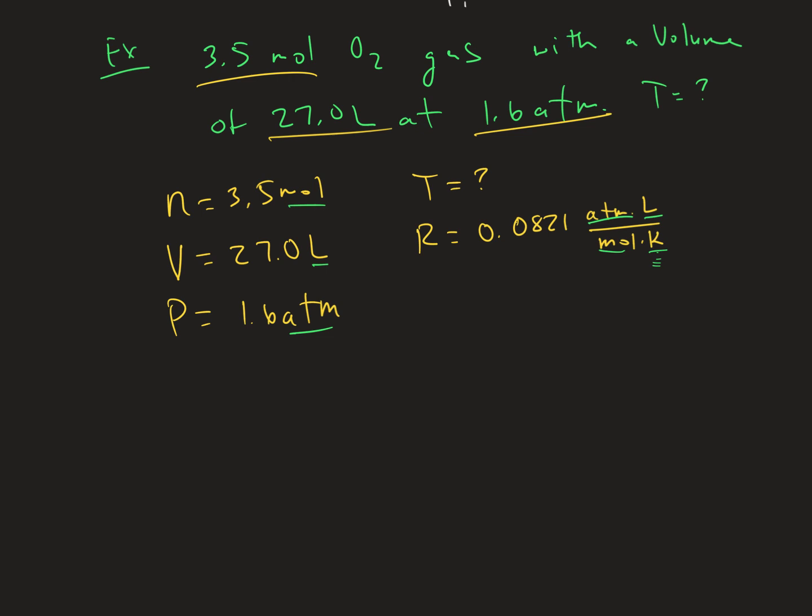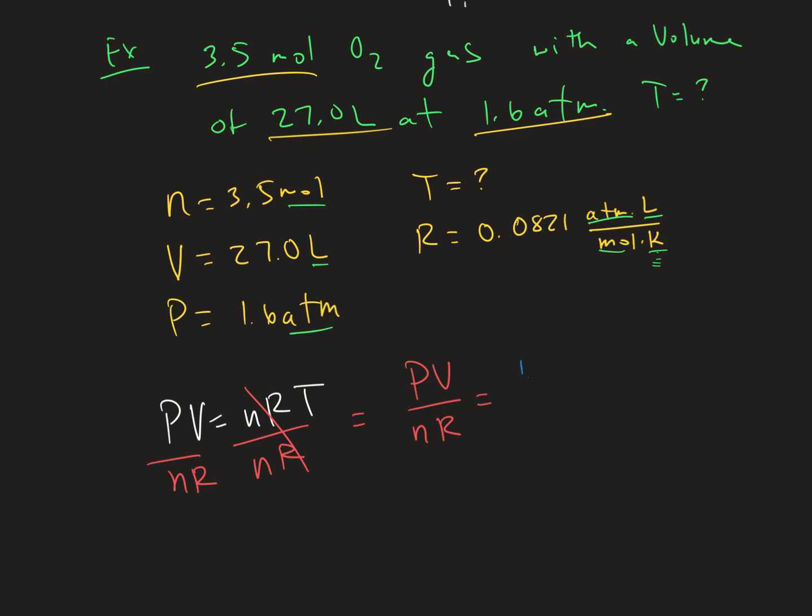You can do whatever you'd like, okay? So PV equals nRT, and we're going to solve for T, so divide both sides by nR. So we can plug our values in. We good?